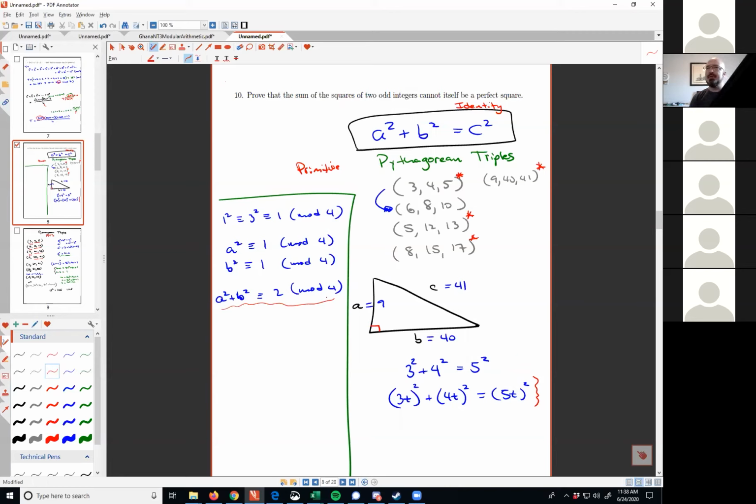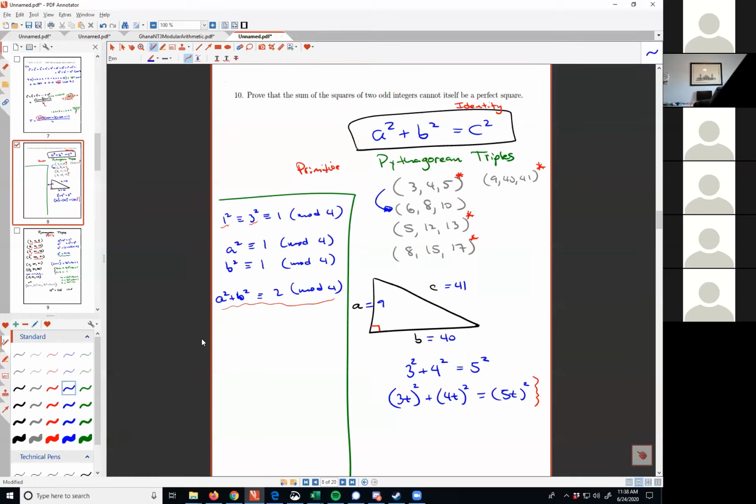Now, I told you a moment ago that I cheated just a little bit. Here's how I cheated. I said that an odd number must be 1 or 3 mod 4, but I didn't justify that yet. But let's see.